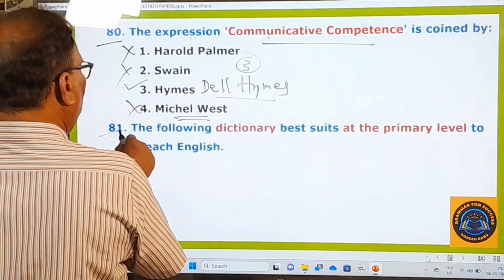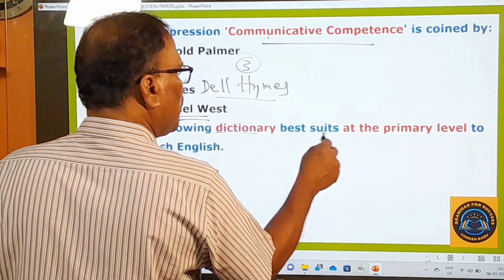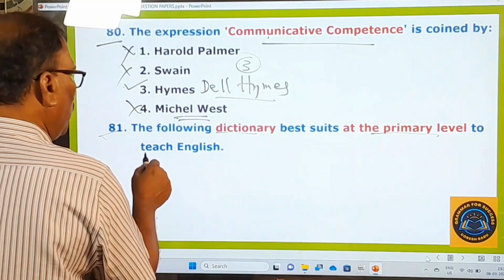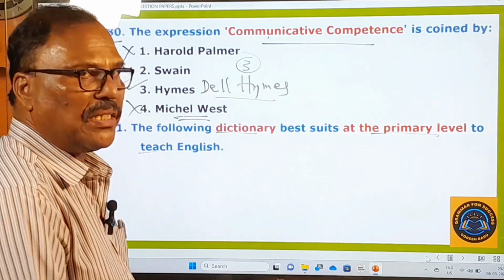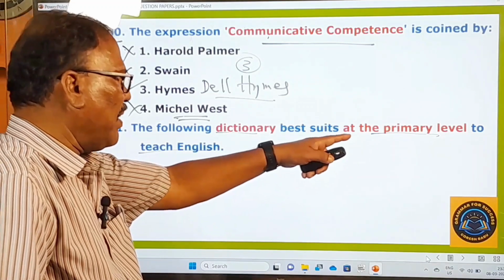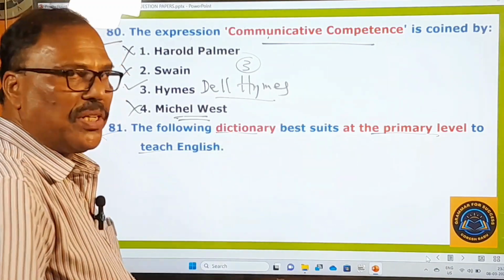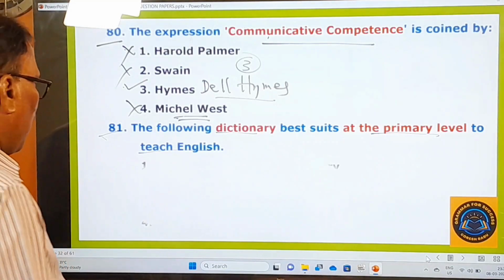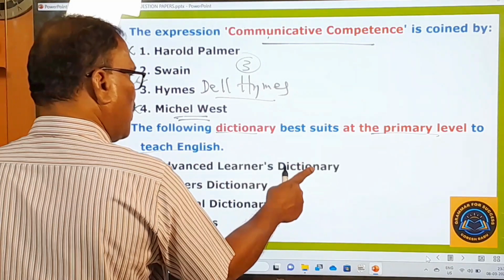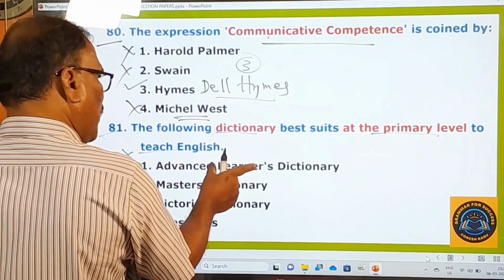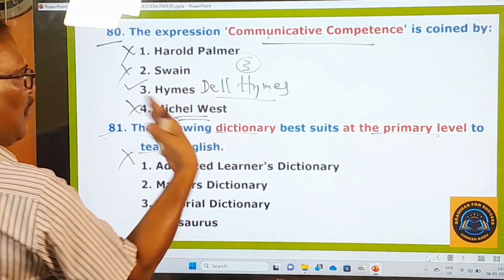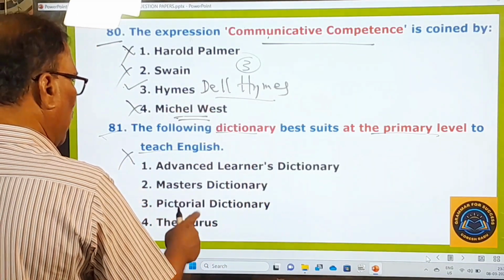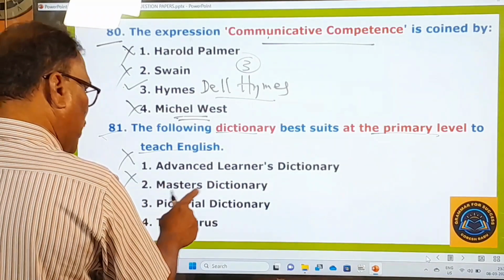Okay, 81st question. The following dictionary best suits the primary level to teach English. If we want to teach children at the primary level, which dictionary suits very much? What is that dictionary? Let us look at the options. Advanced Learners Dictionary. No, this is useful only for grown-up children, youngsters and all that. Master's Dictionary. No. Pictorial Dictionary.